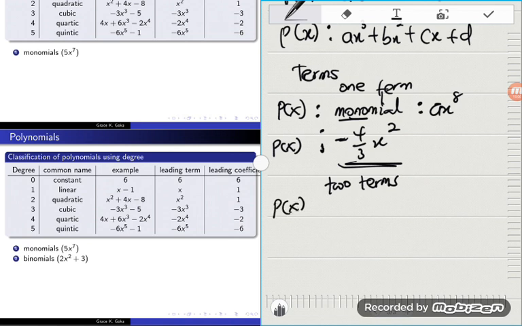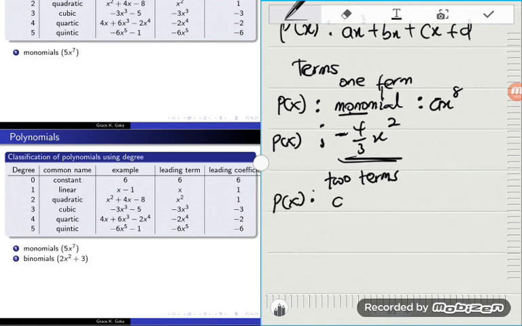then we have P of x giving us ax to the power 3 plus cx. Now, since it's made up of only two terms and we are using the number of terms in a polynomial to give it a name, if poly means many, mono means one, then two terms will be called binomial.